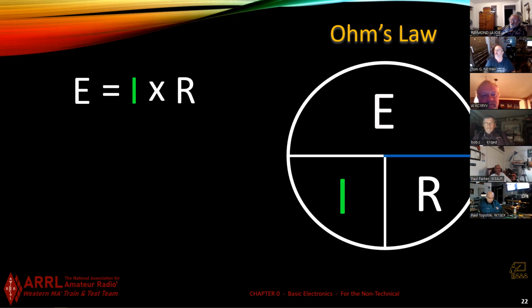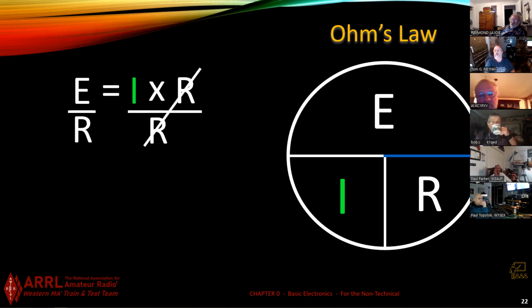I equals E divided by R. If you remember your good old days of solving equations, if you did that in school, you do the same thing to both sides of the equation. You want to solve for I, you've got to get rid of R. So you divide that side by R. You've got to do the same on the other side of the equals, because just like the equal sign says, both sides of the equation are balanced, they're equal. So you divide by R over there.